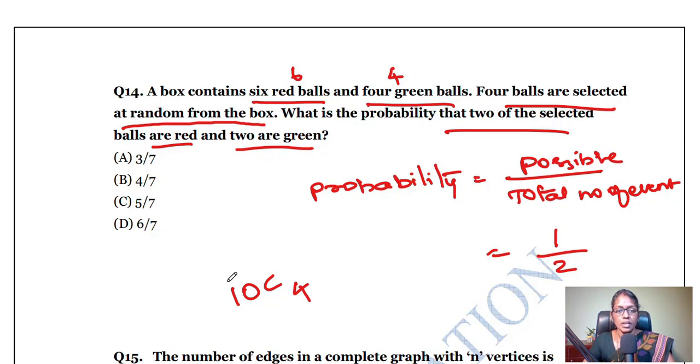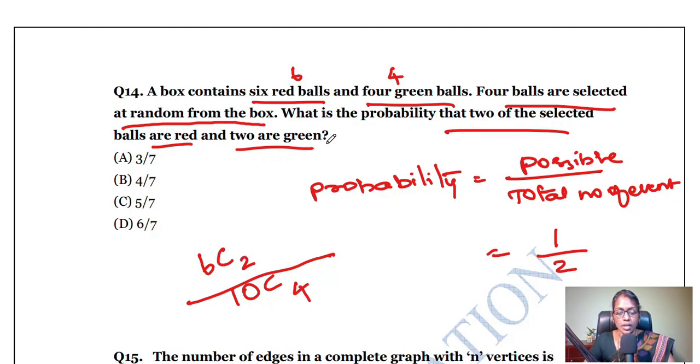They are asking, what is the probability that 2 of the selected balls are red? How many red balls are there? 6. From the 6 red balls, I need 2 balls, so you can represent that as 6C2.